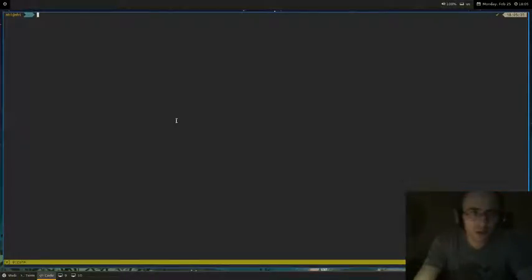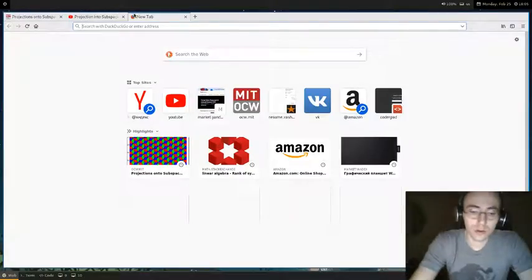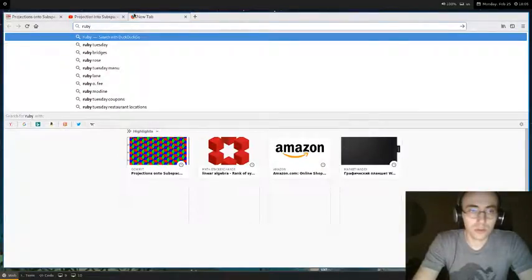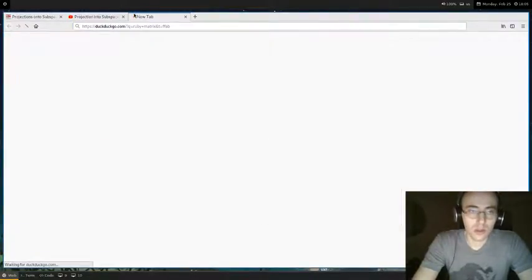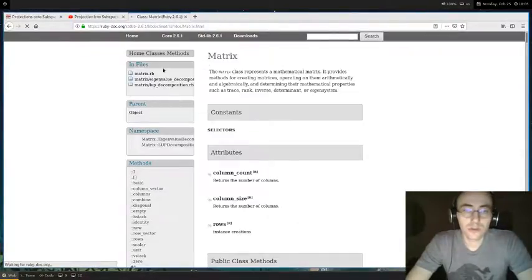This is actually quite silly because I'm going to use Ruby, which is not anywhere near a good choice for working with matrices and for doing mathematics, because it's quite slow, I believe, at least.